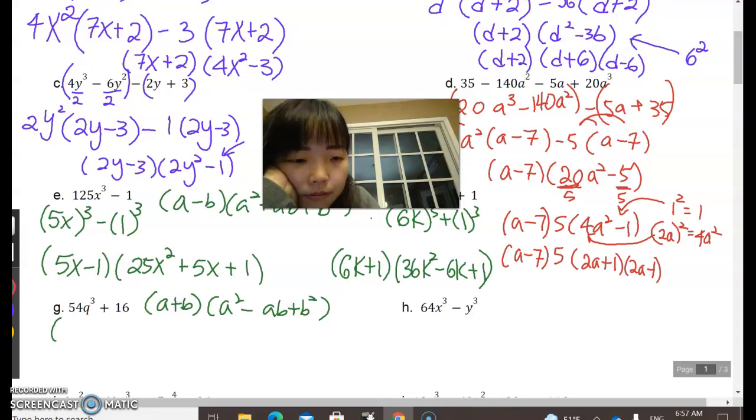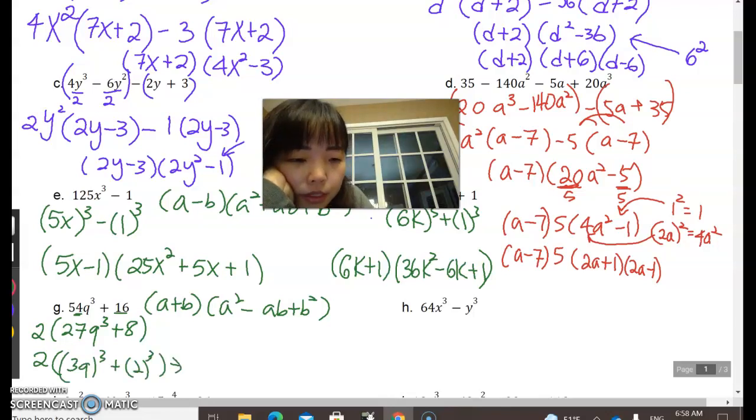Let me take the 4 out and see what happens. If I take the 4 out, no, you cannot divide this by 4. 54. Let me just take the 2. 27q cubed plus 8. Okay, because 54 is even and 16 is even, so I took out the 2. See, 2's out, but 27q cubed plus 8 is 3q cubed plus 2 cubed.